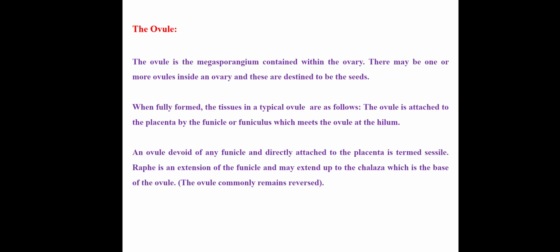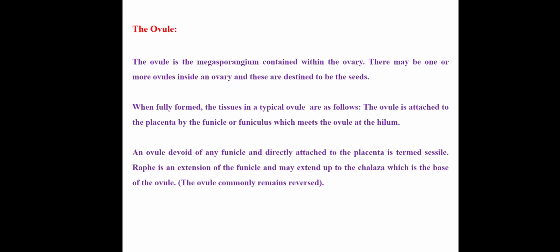Raphe is an extension of the funicle and may extend up to the chalaza, which is the base of the ovule. So chalaza is the base of the ovule, where the funicle is the attachment of the ovule to the placenta, whereas the extension of the funicle is called the raphe.